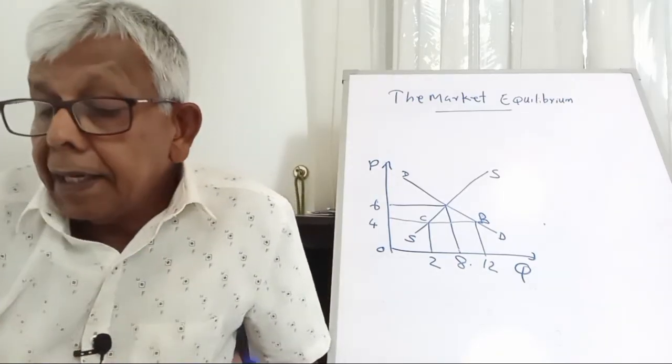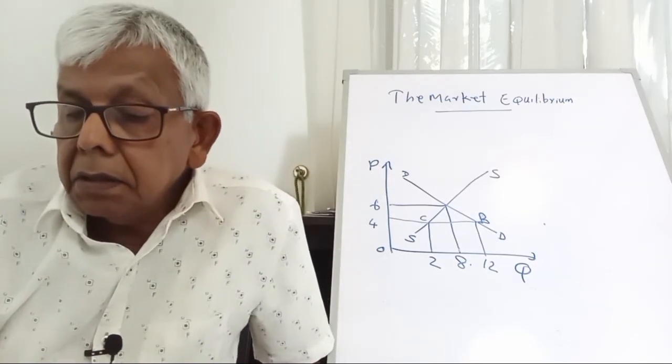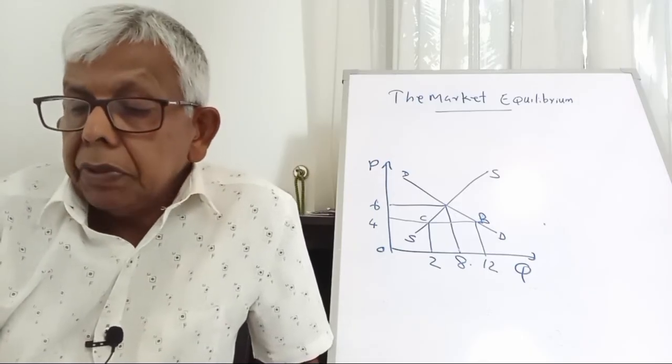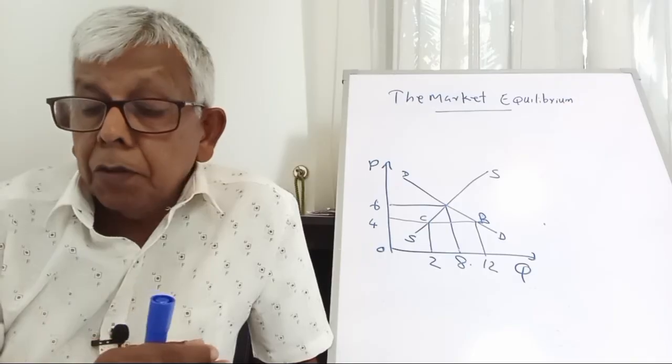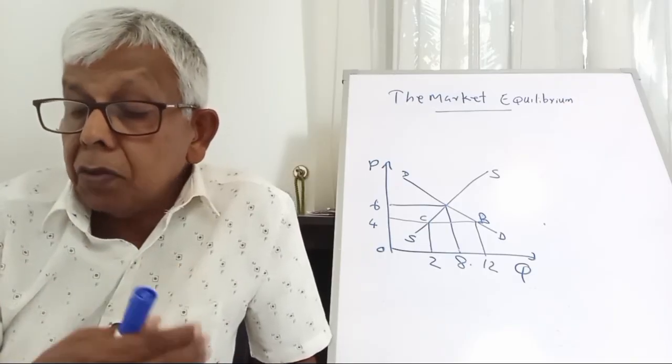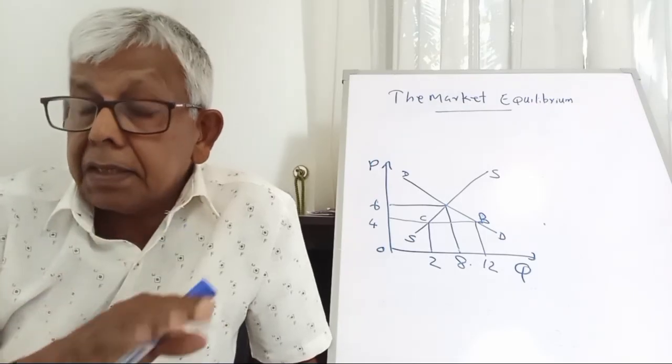On the other hand, at a higher price than the market equilibrium price, there is excess supply because the supply exceeds the demand.